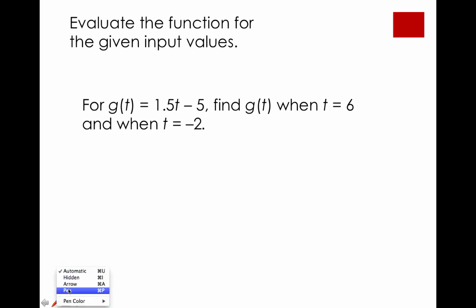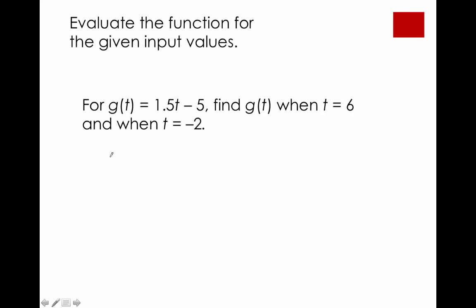I also wanted you to be able to evaluate a function for a given input value. I've got a function g that is determined by my input t. And here my function rule is 1.5t minus 5. And I want to know when my function has an input value of t, in the first case 6, what will that value be?